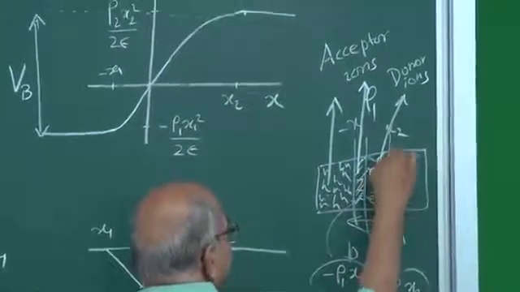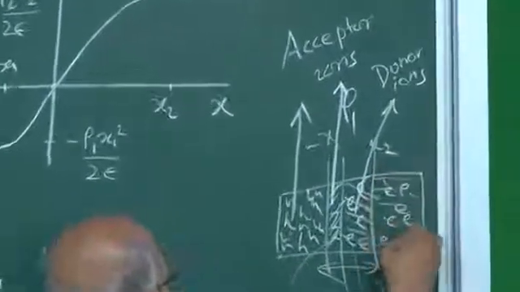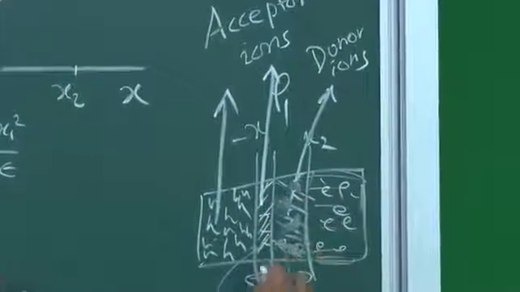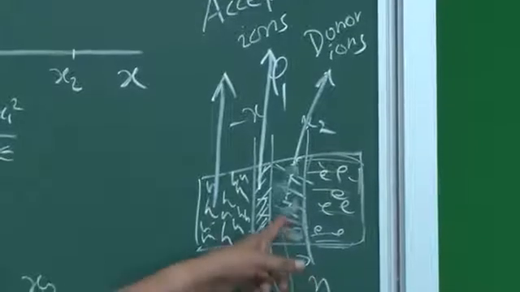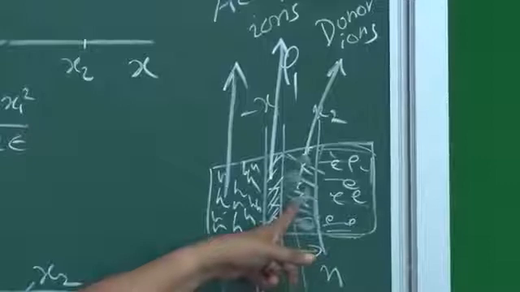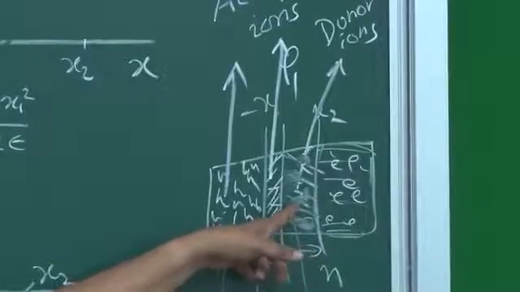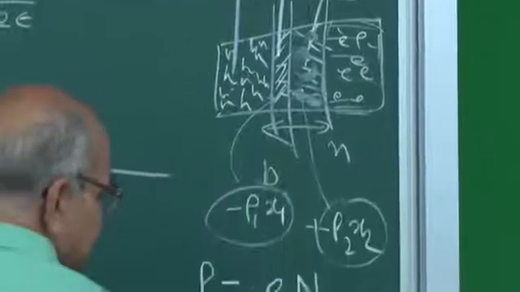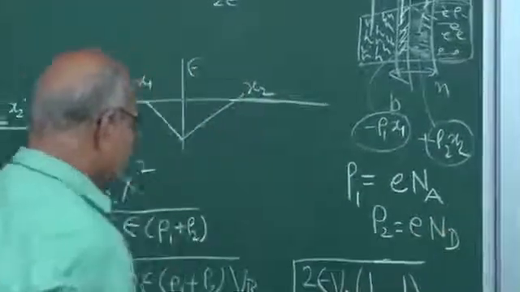So those electrons were there, here also, and this whole thing was neutral, but from here the electrons have gone, and therefore those positive charges will appear here, those donor ions, each donor ion will give you 1 unit of charge, plus E charge, and therefore rho 2 will be E times Nd, density of donor ions.